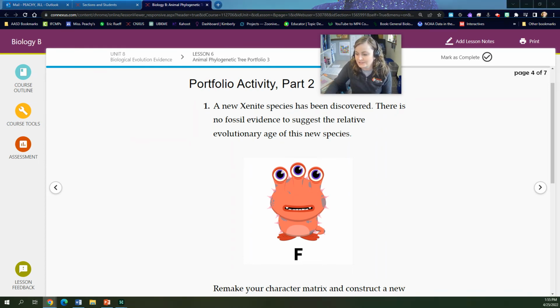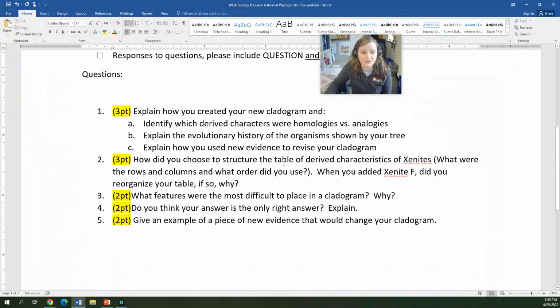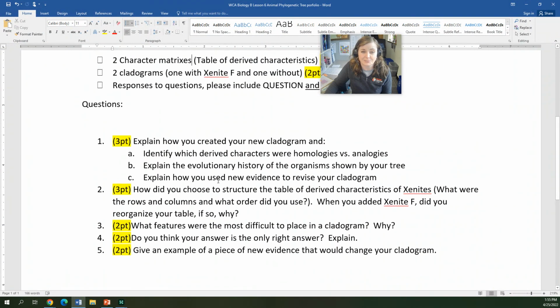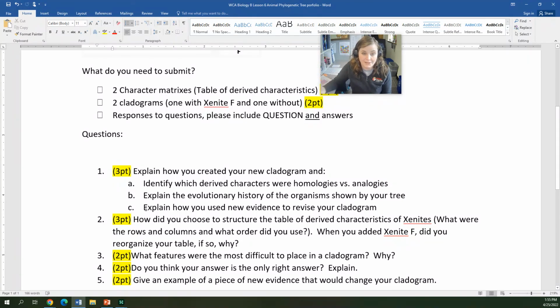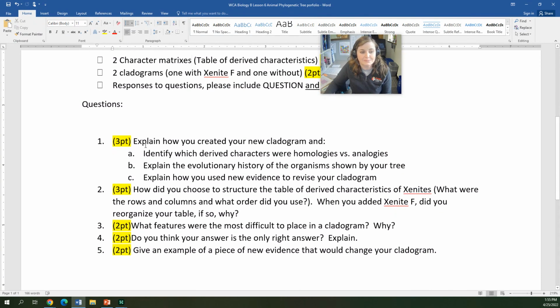So once you've done that, then you're going to answer these questions, and please make sure you're complete with your answers, right? If it says why, or if it says how, or if it says explain, you need to do that. I've assigned points, making sure that you get points for doing that. So question 1, explain how you created your new cladogram and identify which derived characters were homologies or analogies.